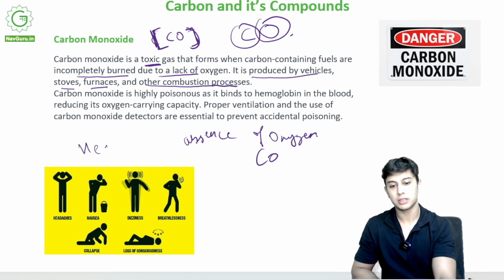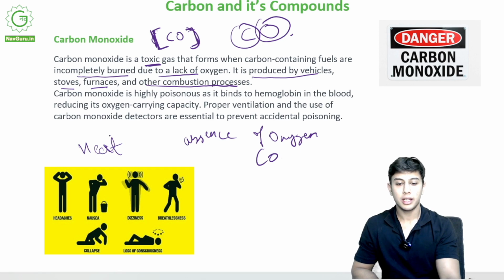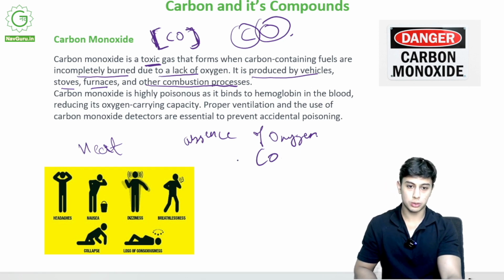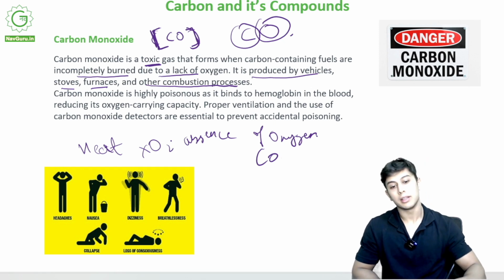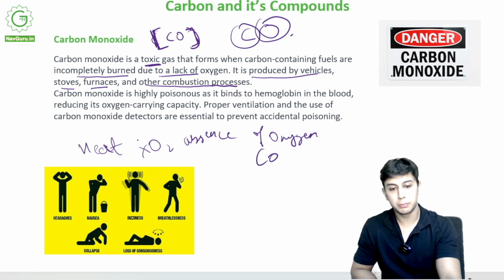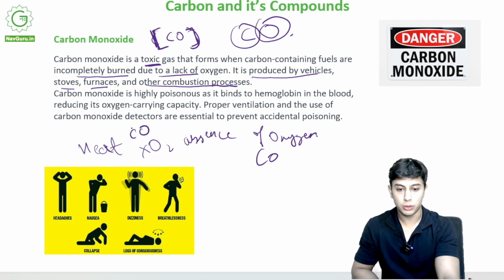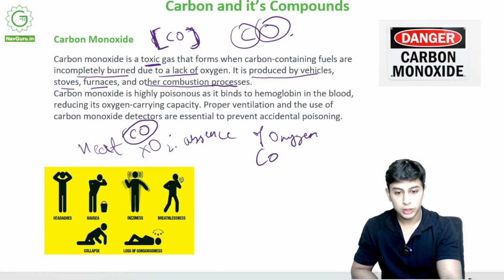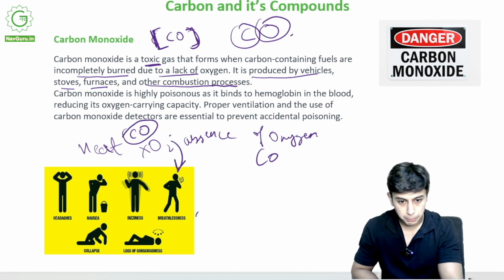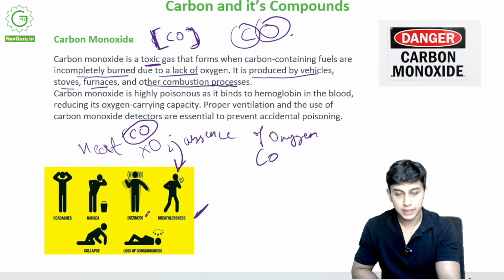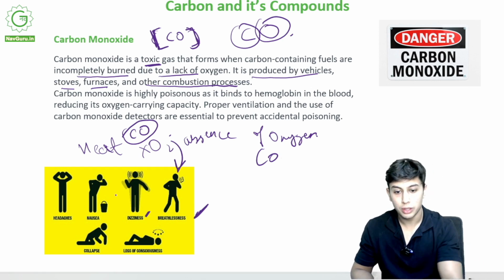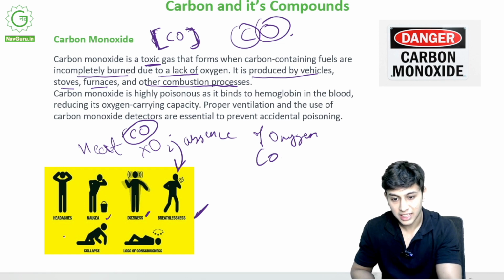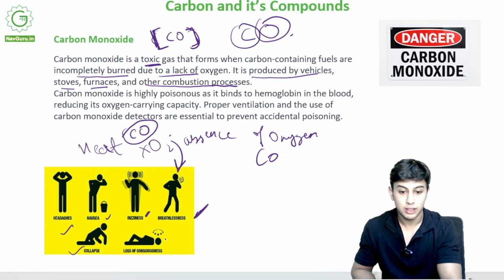If you put it in a room, you close all the doors and windows, there is no oxygen. What will happen? That coal burning will produce carbon monoxide, CO, which causes breathlessness, dizziness, you will feel like vomiting, like passing out, nauseous, headaches, collapse, loss of consciousness.